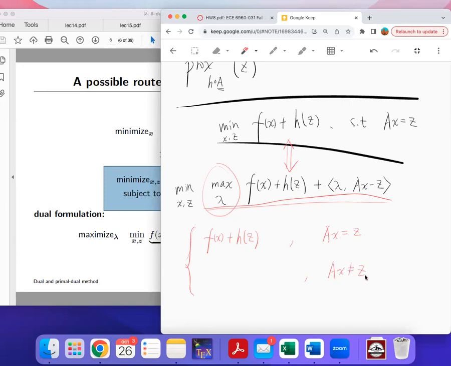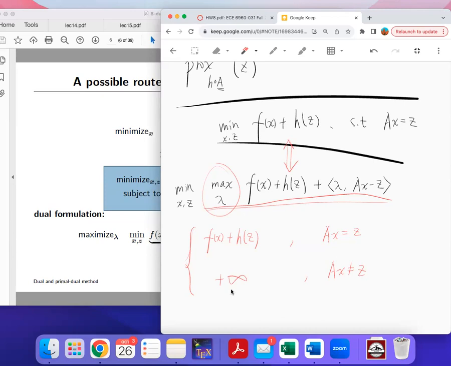The other case is that they are not equal, which means Ax minus z is something non-zero, and this is a linear term in lambda. Lambda is unconstrained, so there's always a way to choose a lambda so that this inner product goes to positive infinity. So in that case, it's positive infinity. You see the inner problem, the red part, is essentially equal to this one.